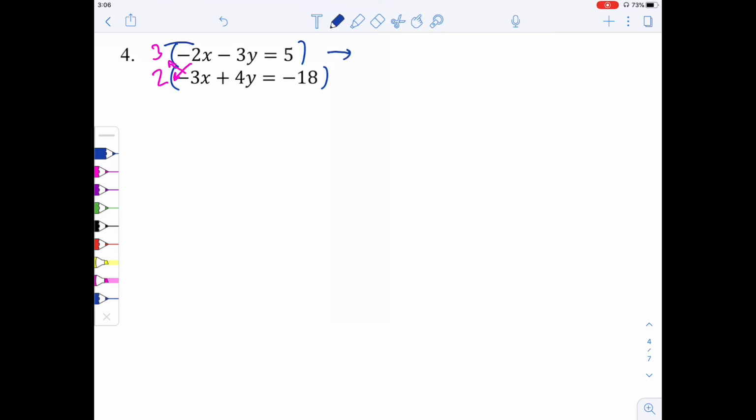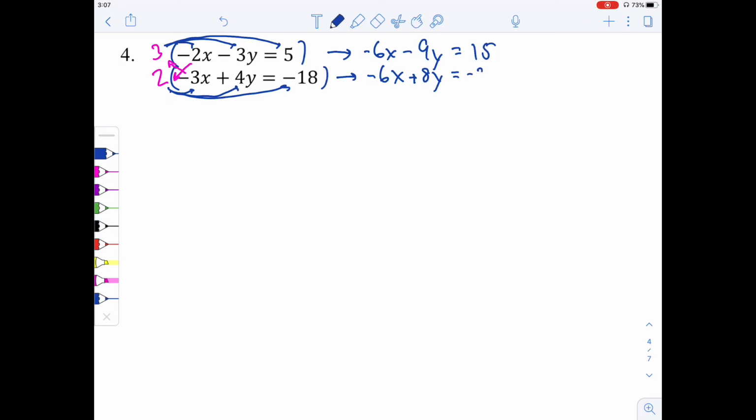So 3 times -2, -6x. 3 times -3y, negative 9y. 3 times 5, 15. The bottom one, we have 2 times -3x, so we get -6x. 2 times 4y, we get positive 8y.